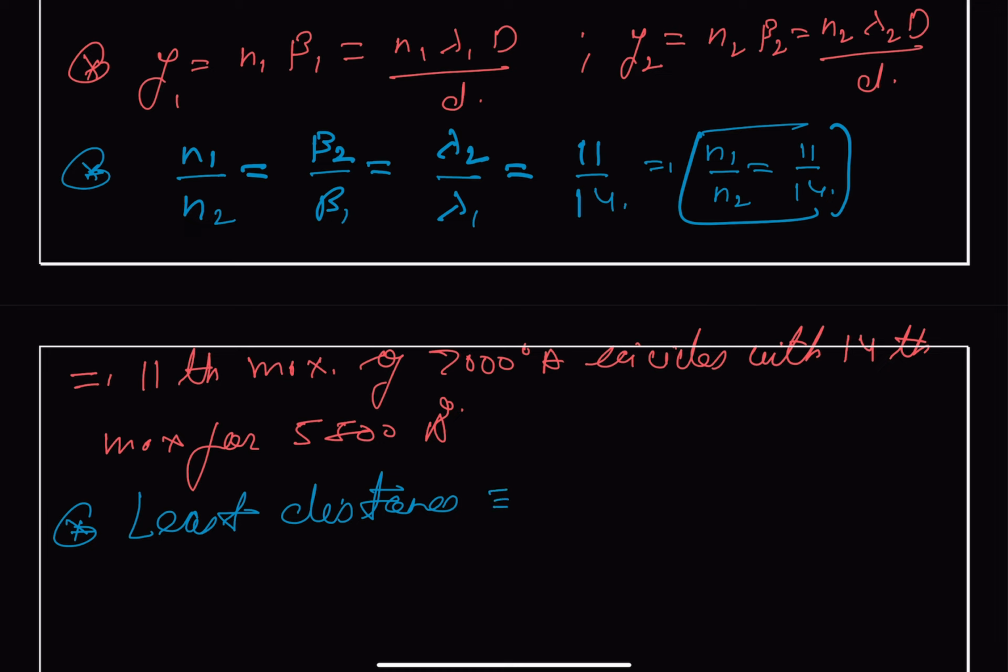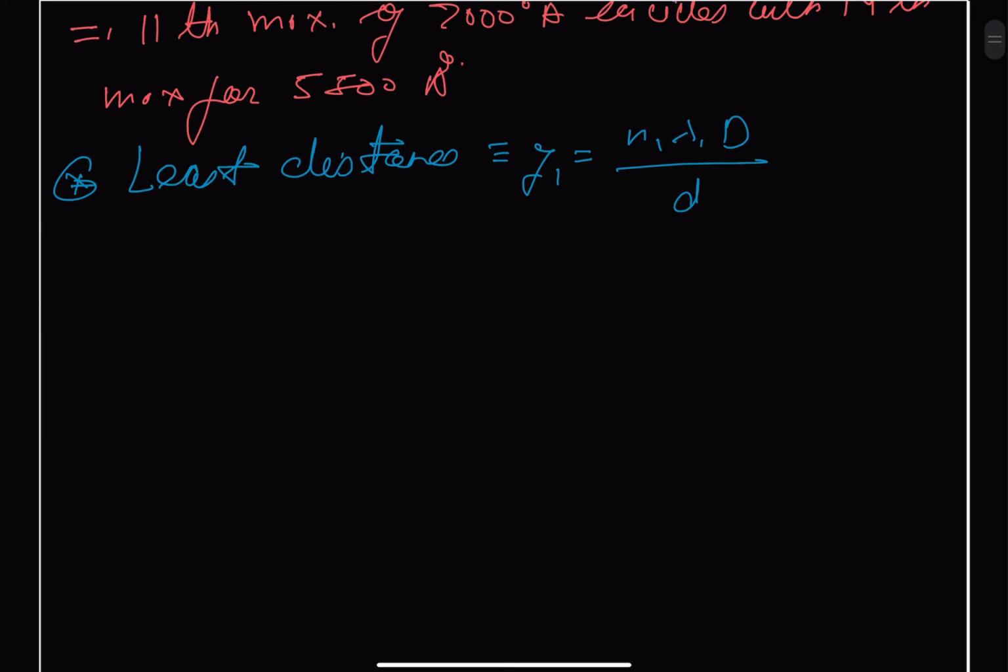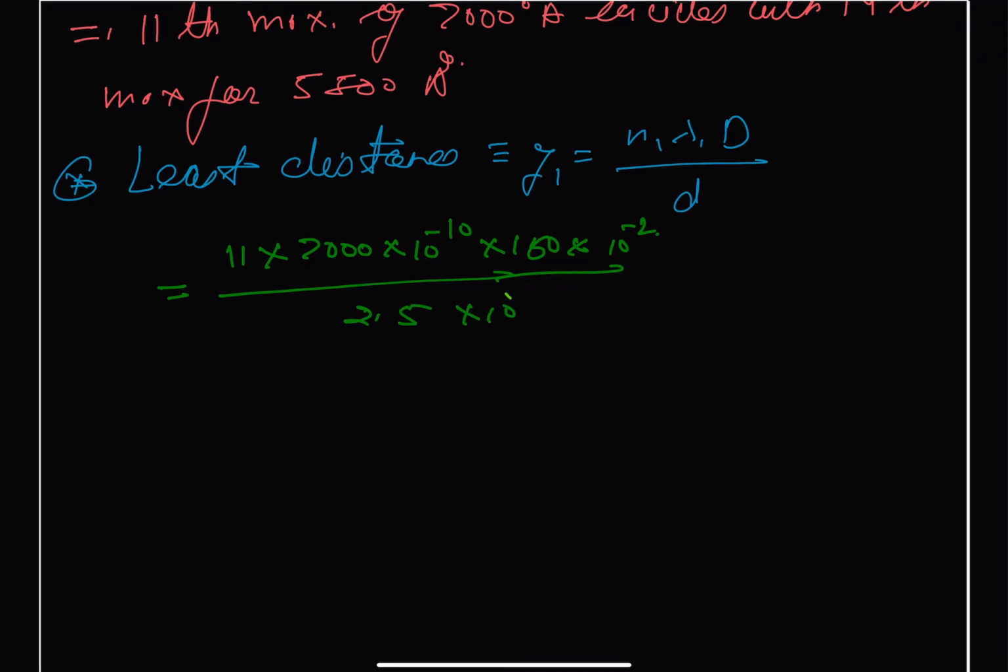The least distance will be given as y1, which we wrote as n1 lambda 1 capital D upon small d. We know all these values and we substitute them. n1 is 11, multiplied by lambda 1, which is 7000 angstrom, that is 7000 into 10 to the power minus 10, multiplied by 150 into 10 to the power minus 2, and small d is 2.5 into 10 to the power minus 3.